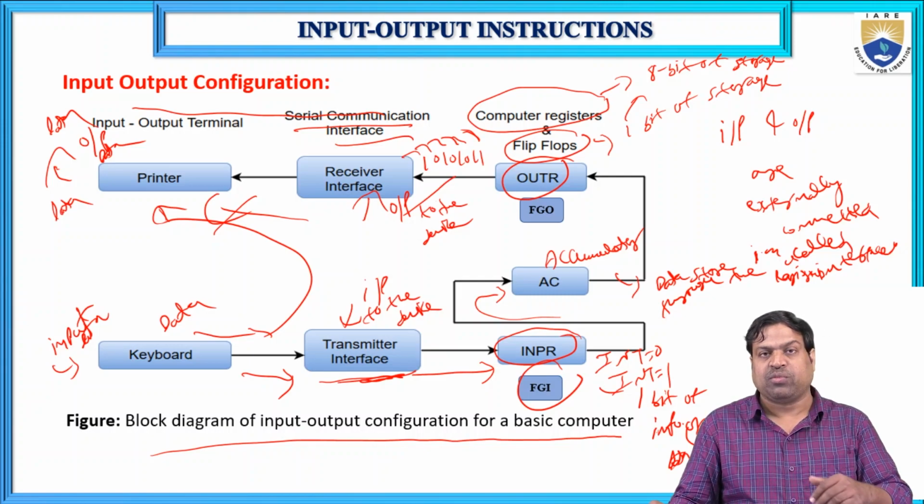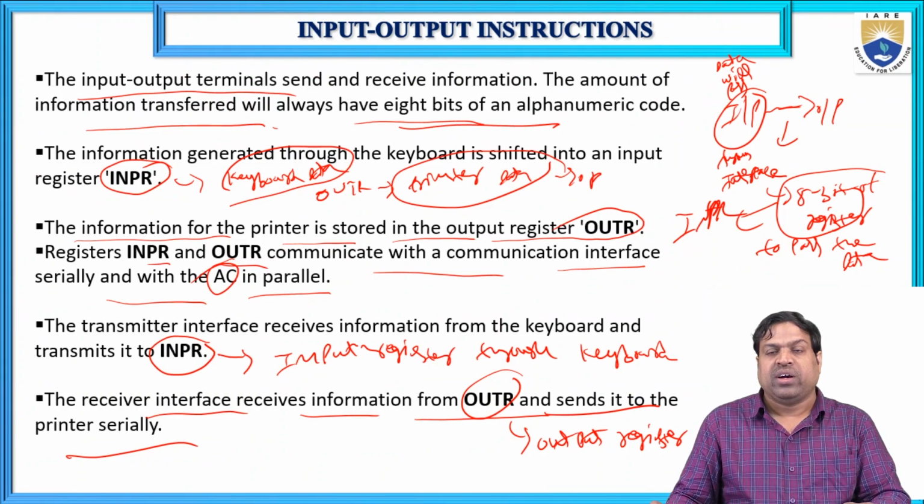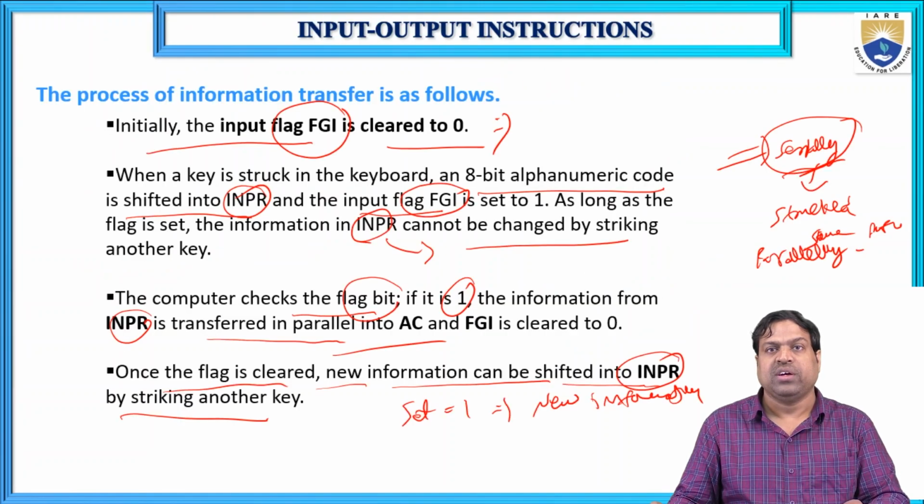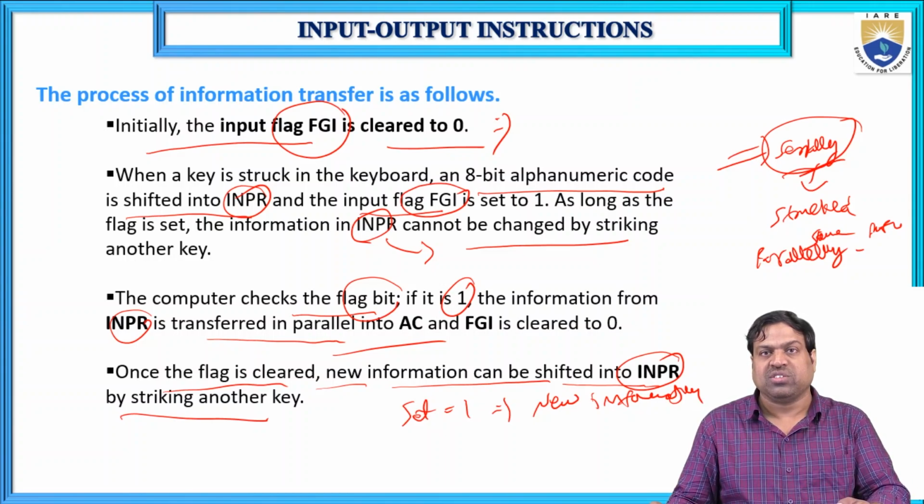So input data is converting to the output data through keyboard to printer, and it is the input register. OUTR is the output register, and it is flag 0 or flag 1. FGO equal to 1, what will happen? FGO equal to 0, what will happen? FGO equal to 0 means clear, FGO 1 means output data is passing or loading.